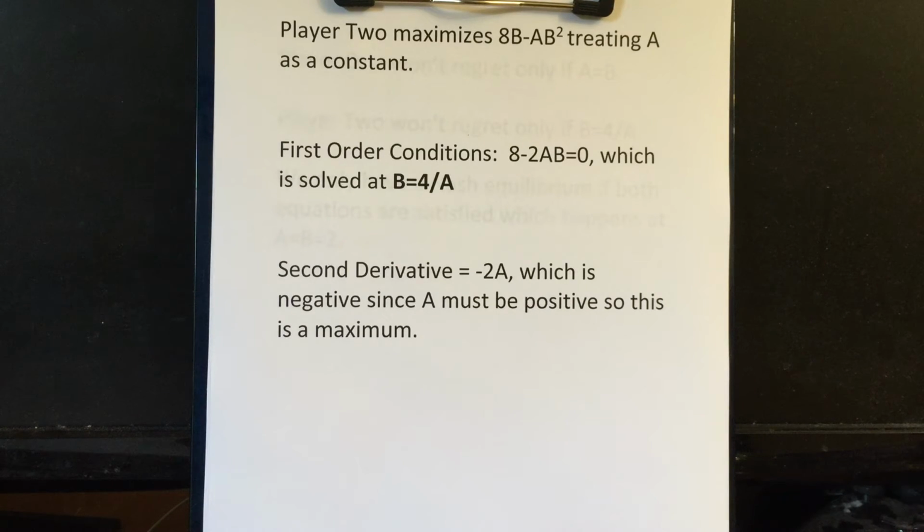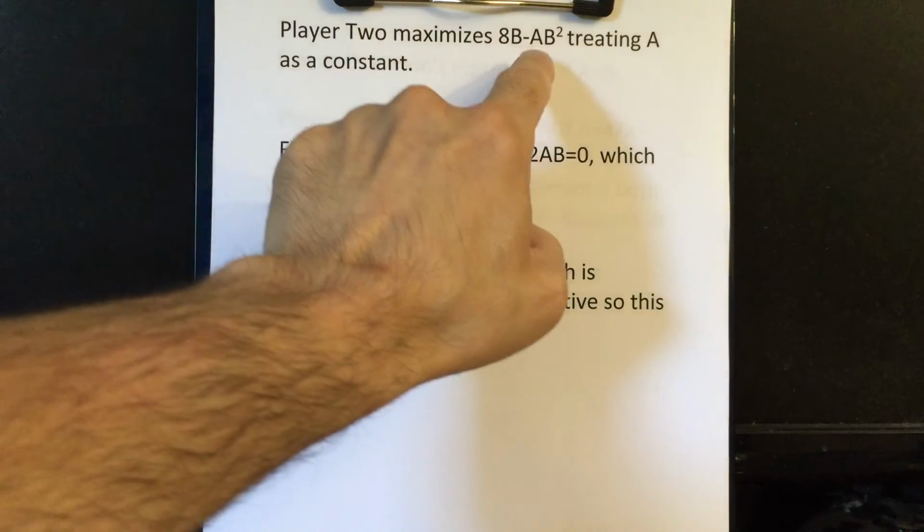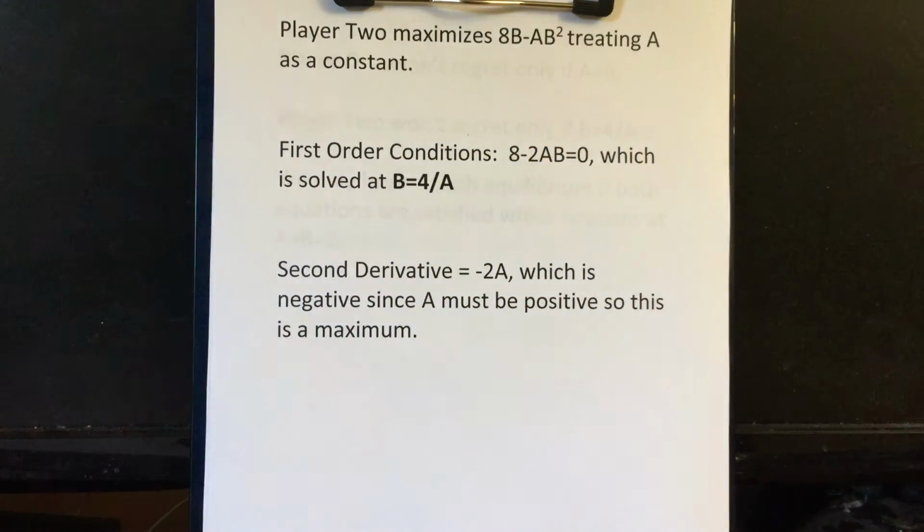See, player 2 picks B, but player 2 has no influence on A. Again, as before, what player 1 thinks player 2 is going to do will influence A, but what player 2 actually picks for B won't influence A. So when player 2 takes the derivative of his payoff, he's going to treat A as a constant when you go through the rules of calculus. So this is kind of weird in the Nash equilibrium, that what's a constant or what's a variable differs depending on who the player is.